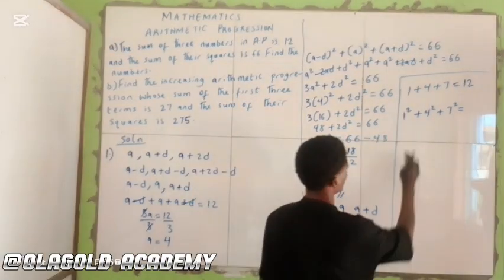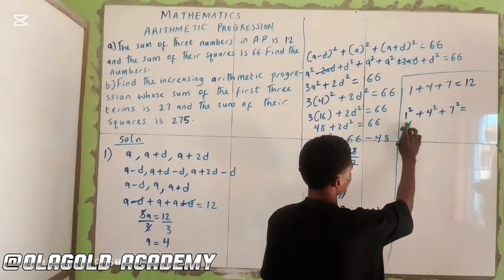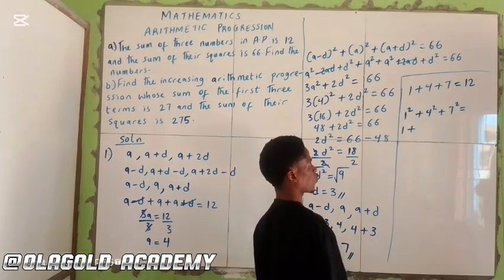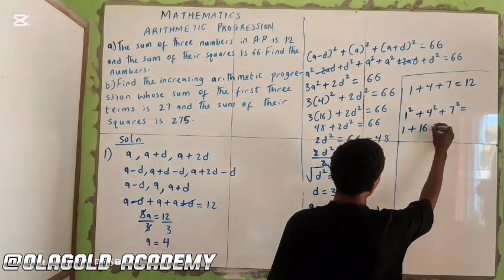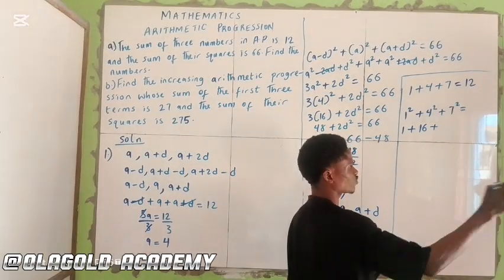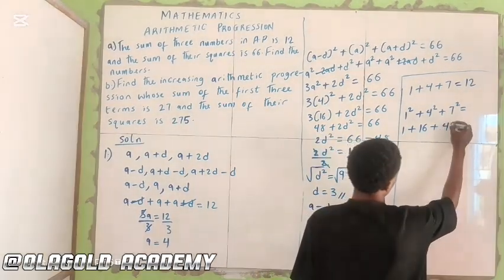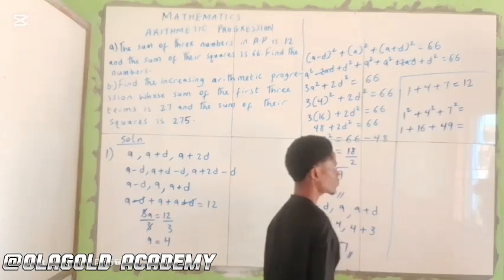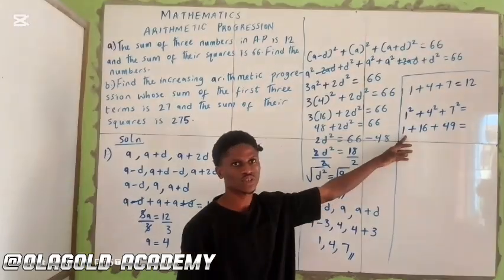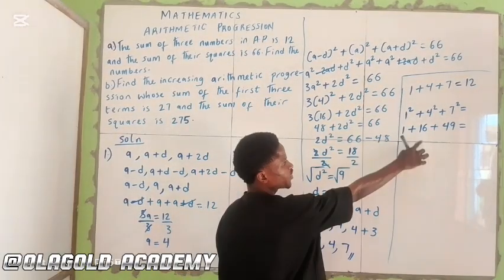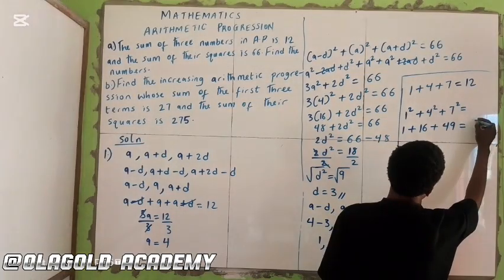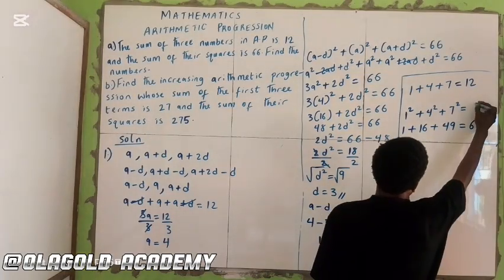Let's find out. 1 squared is 1 times 1, so we have 1, plus 4 squared is 4 times 4, so we have 16, plus 7 squared is 7 times 7, which will give us 49. Now very easy, 49 plus 1 gives us 50. 50 plus 16 will give us 66. So we have 66.